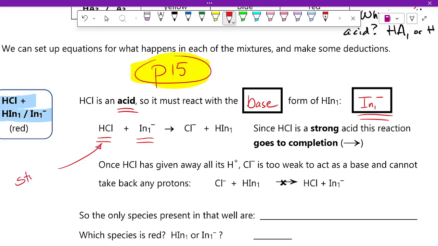Strong. And because it is strong, what kind of an arrow do we have? We have a one-way arrow. And we will get the transfer of a hydrogen from the HCl onto the In minus.